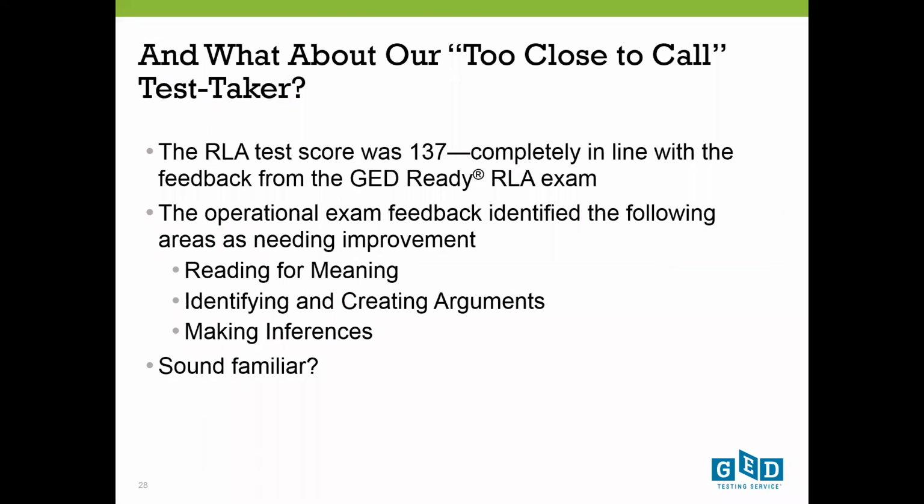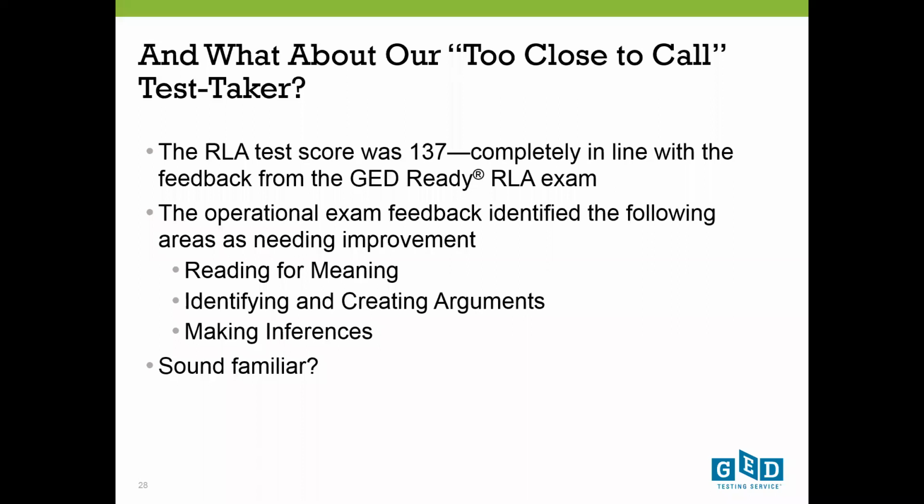Okay, so let me tell you a little bit about our Too Close to Call test taker. This was a student who decided to take a gamble on their 139 Too Close to Call GED Ready score and actually took the RLA test and scored a 137, which was completely in line with the feedback that the person received from the GED Ready exam.